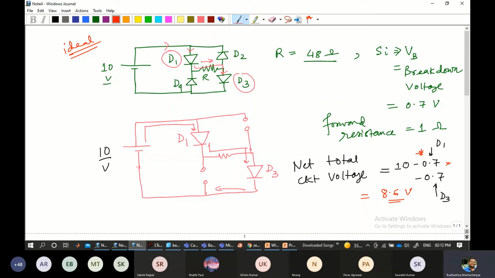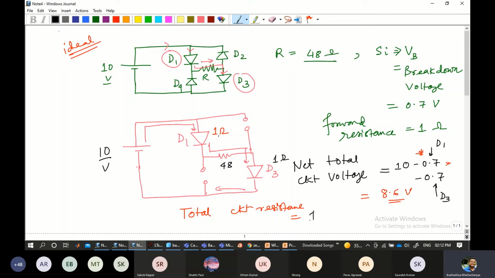Now, if this is the net voltage, the total circuit resistance also has to take the diodes into account. The total resistance is 1 ohm for D1, 1 ohm for D3, and the 48 ohm which we already had.